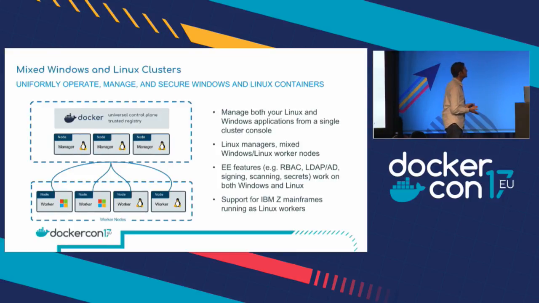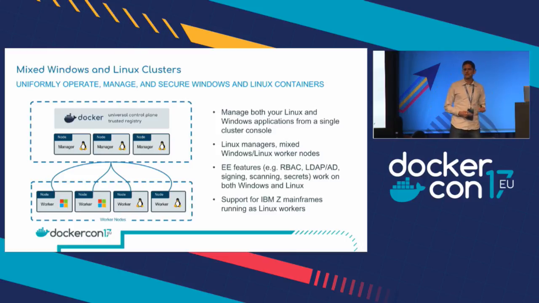So the first feature that we designed for 1706 is the mixed Windows and Linux clusters. So in the current version, Docker 1706, the latest version, you can run x86 Linux managers, but your worker nodes can be Windows Server 2016 nodes, they can be Linux x86, and also very recently they can be IBM Z mainframe workers running Linux. So you can now manage both your Linux and your Windows applications from a single console and deploy the workloads to the appropriate area.